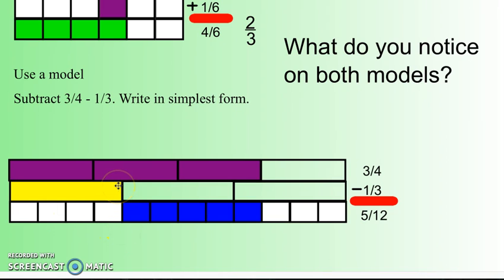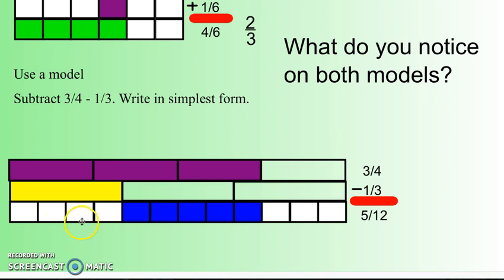So we could figure out how much this yellow is, if we take it away, how much are we really taking away of what we started from? We started with the purple. We took away 1/3 from it, and we need to figure out how much we have left.